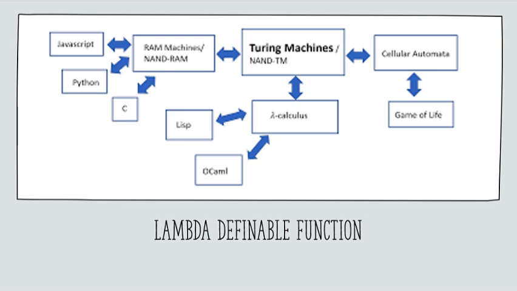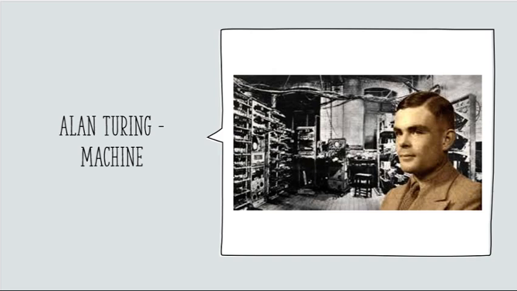Church, in his work, used instead the thesis that all human computable functions are identical to what he called lambda-definable functions, functions on the positive integers whose values can be calculated by a process of repeated substitution. Turing showed in 1936 that Church's thesis was equivalent to his own by proving that every lambda-definable function is computable by the universal Turing machine and vice versa.